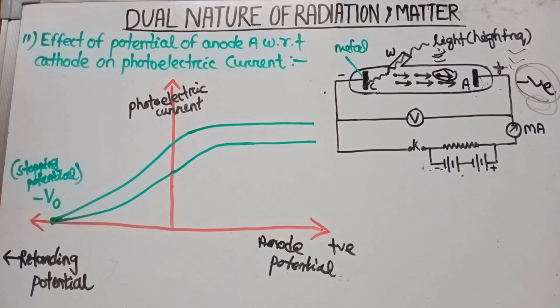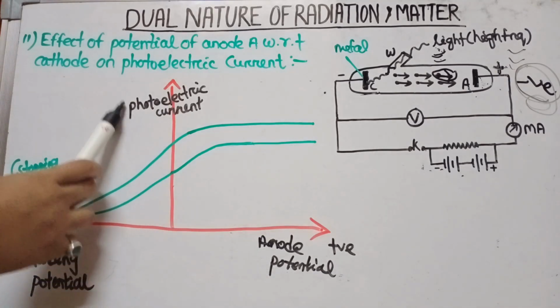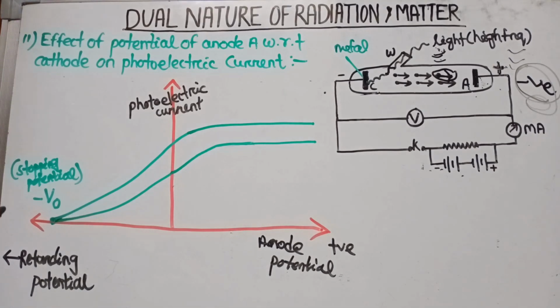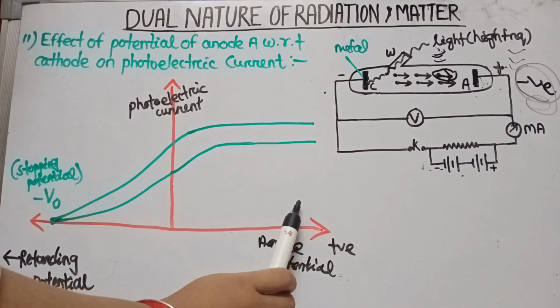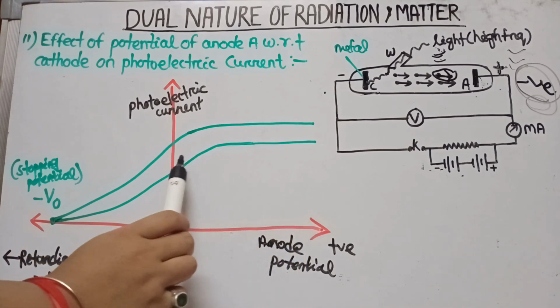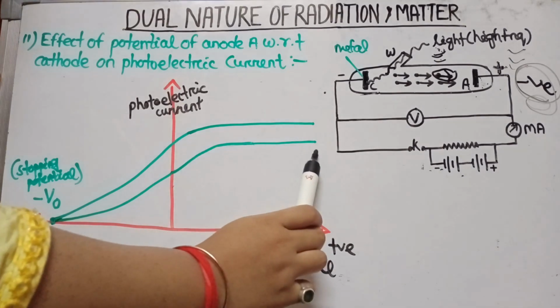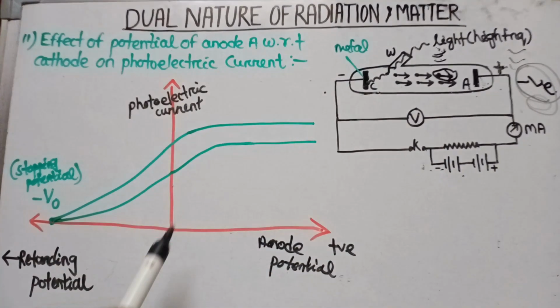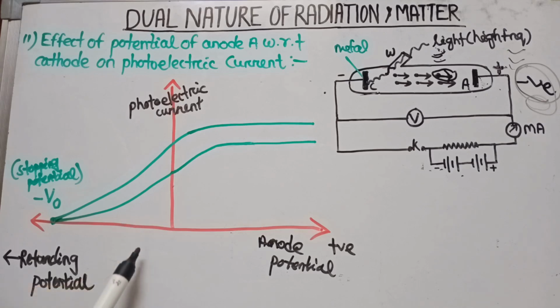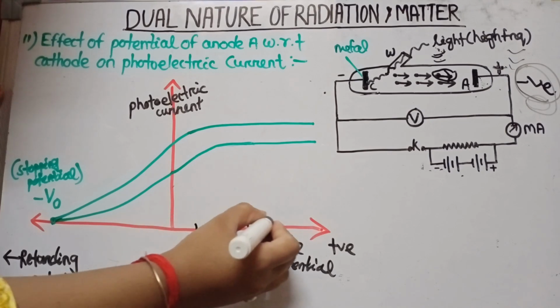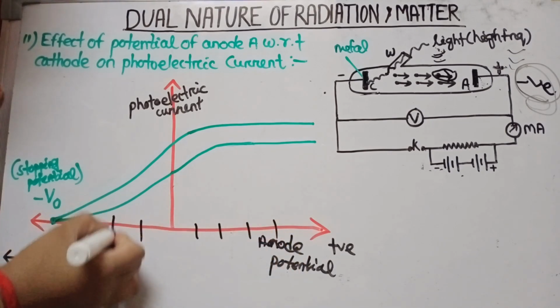If we draw the graph between anode potential and photoelectric current, we observe that as we increase the positive potential on the anode plate, the photoelectric current gradually increases. This one is the positive potential and this one is the negative potential.